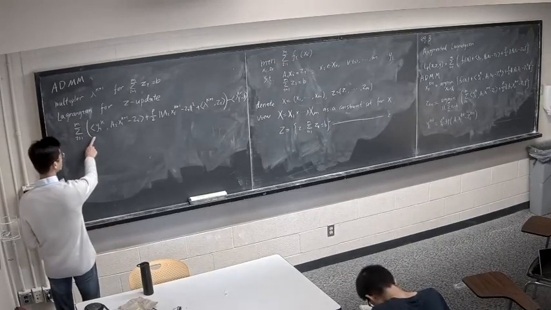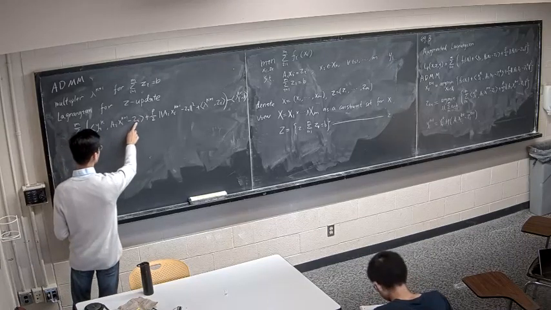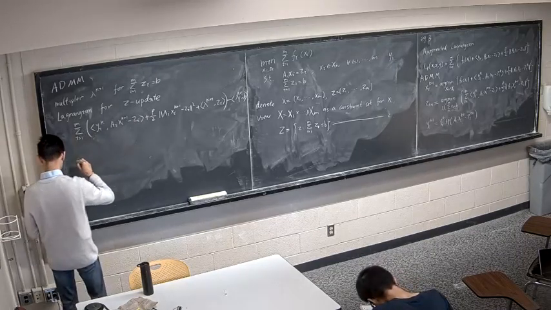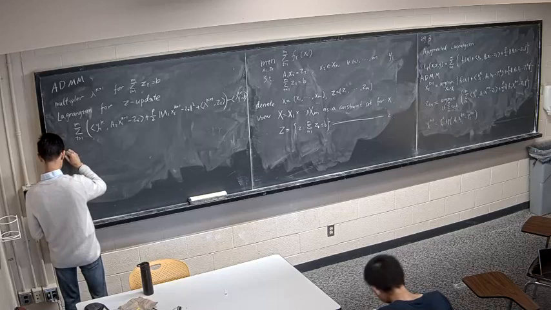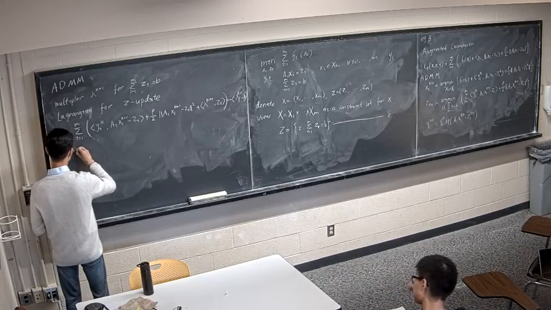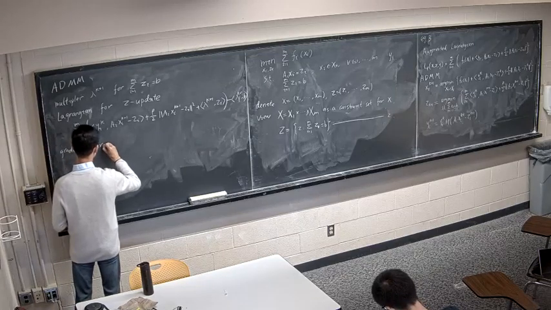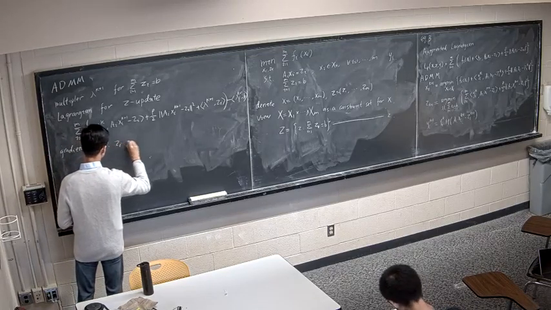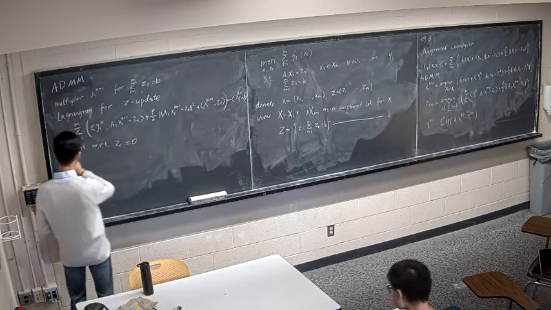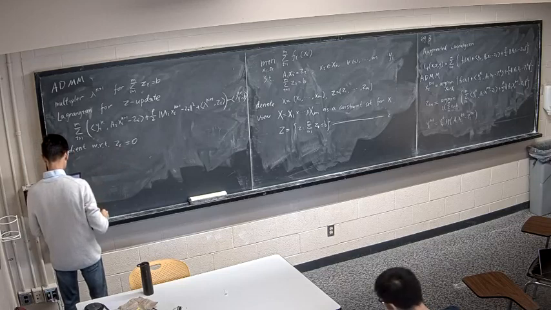So to solve this problem, let's take the gradient with respect to each of the Zi. We just set the gradient with respect to Zi to be 0. Then let's solve for Zi k+1.